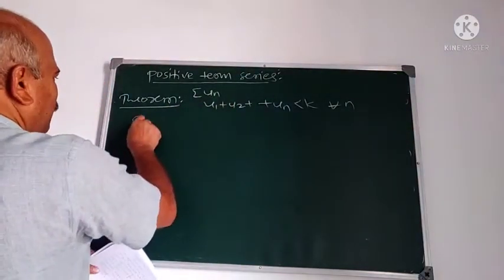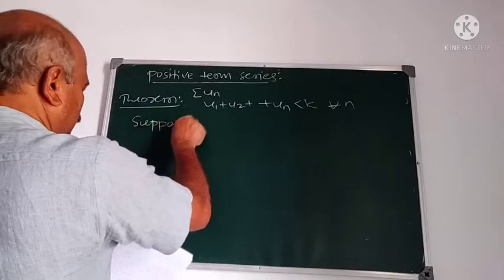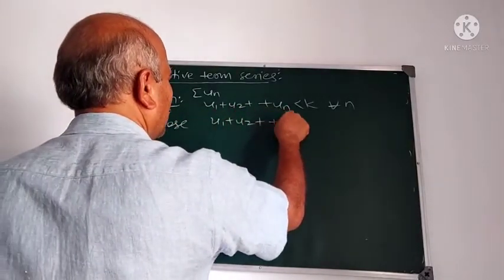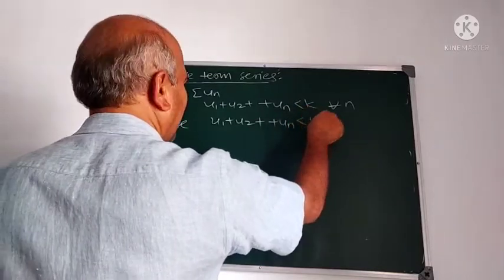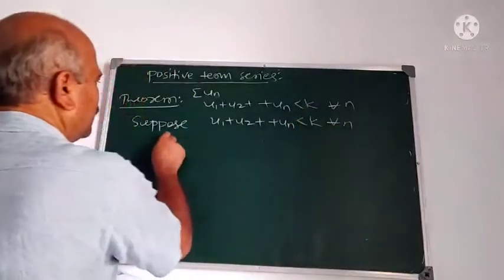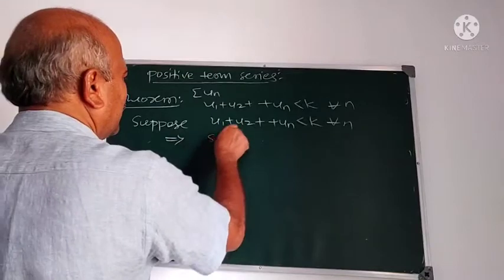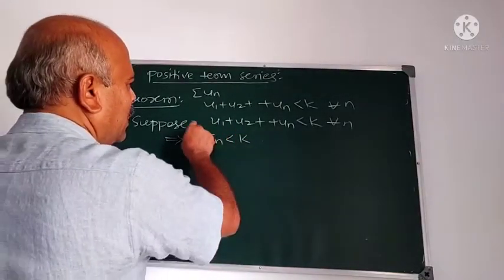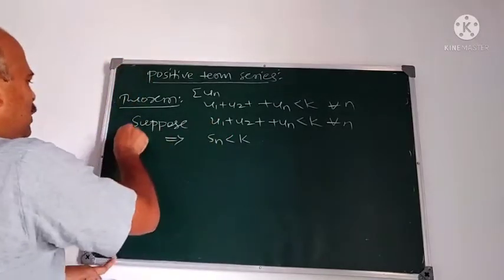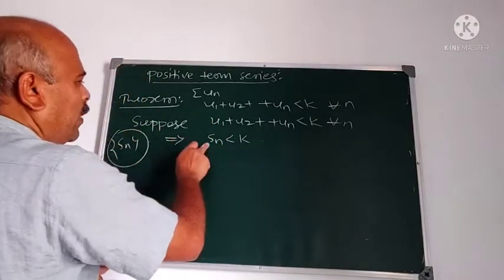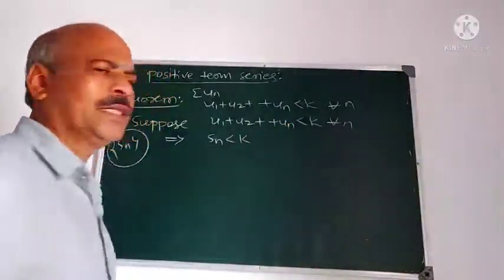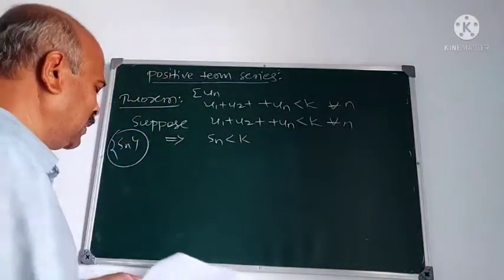Two parts are there. Suppose u1 plus u2 plus etc plus un is less than k for all n. This implies Sn is less than k. Because what is Sn? Sn is the sequence of partial sums where the nth term of the sequence is given by Sn is u1 plus u2 plus etc un. It is less than k.